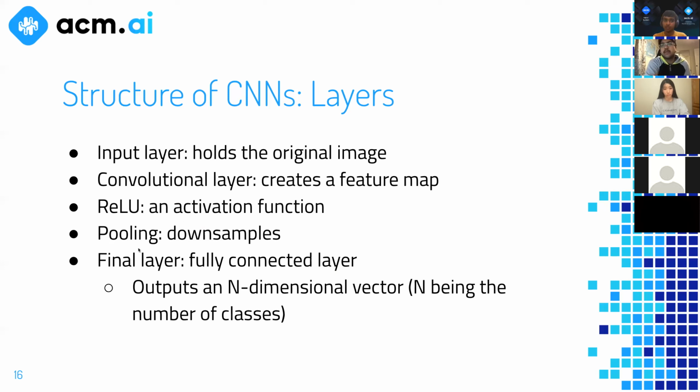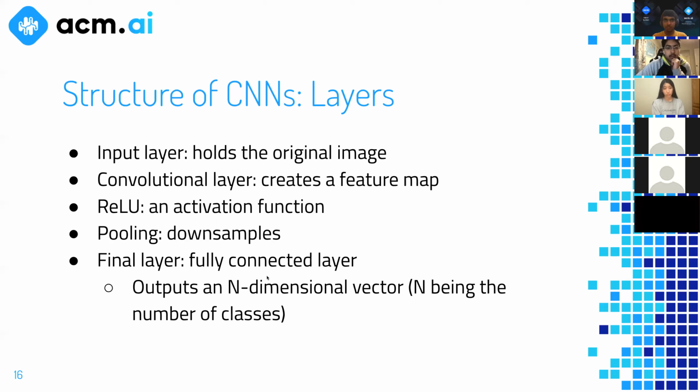Then we'll talk about pooling. Pooling is a way to downsample, or shrink the size of our volumes to a more manageable size, and thus reduce some of the possibility for over-analysis of our data, simplifying it to make it easier to understand. And then finally, we have our final layer, which is going to be fully connected.